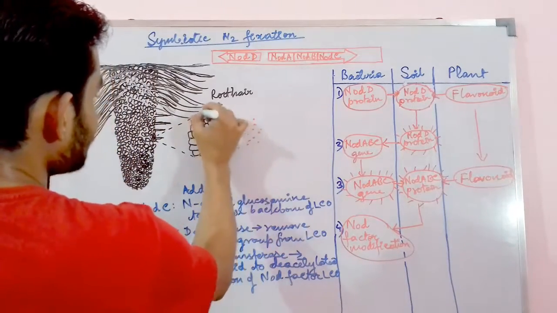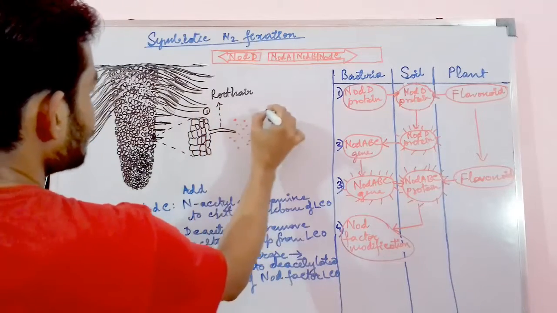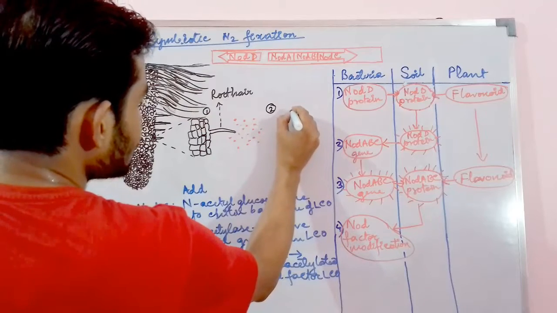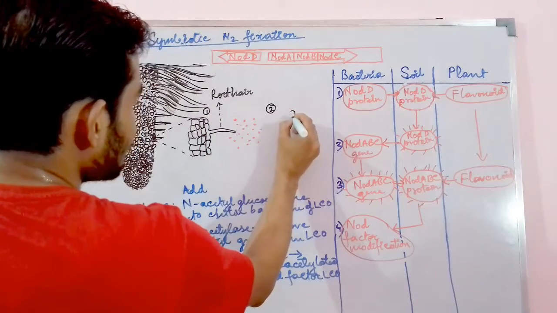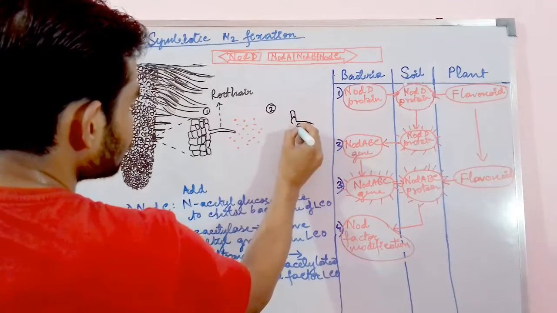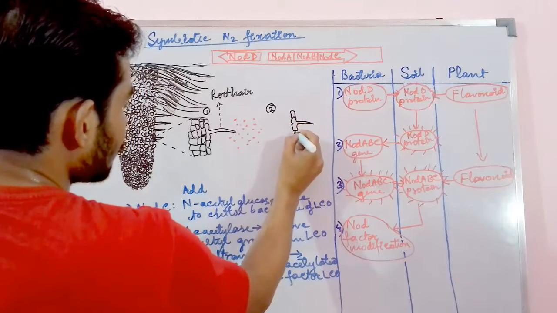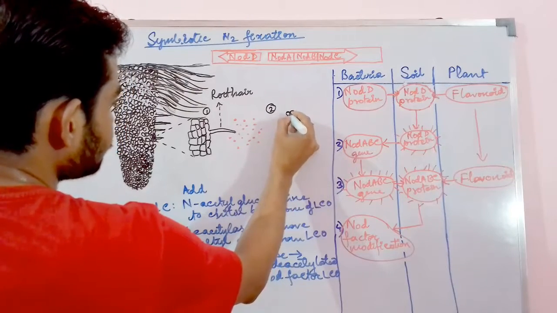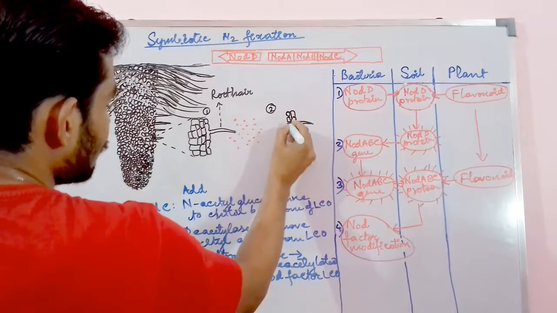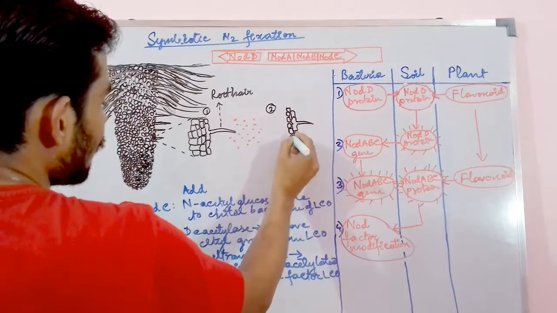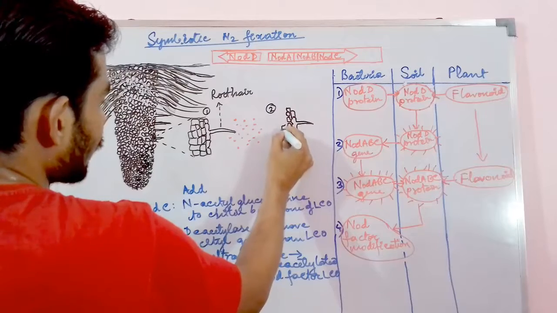In the second step, let me draw here: the cortical cell division will start. Here the cortex is present along with the root hair, along with the epidermal portions.